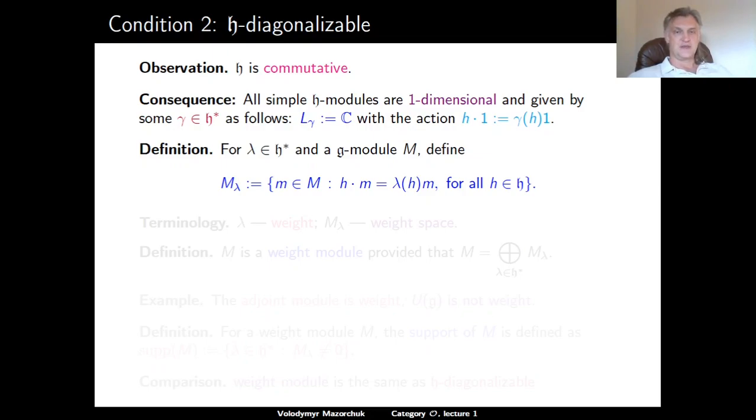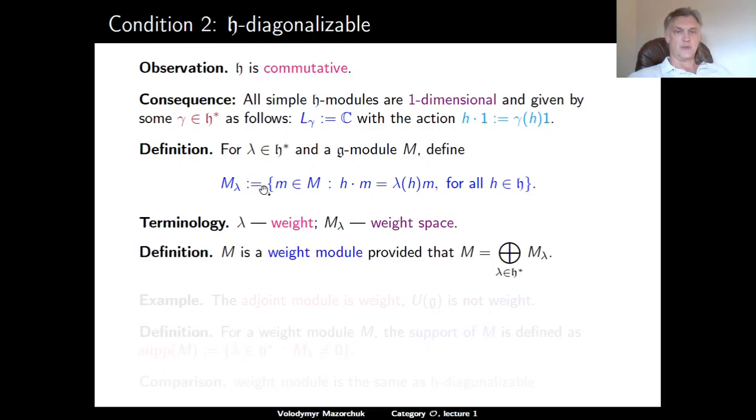In other words, this is the isotypic component of the restriction of M to h which corresponds to the simple module L_lambda. The usual terminology in this setup is that elements lambda in h star are called weights, and this subspace M_lambda is called the weight space corresponding to weight lambda. Elements in M_lambda are called weight elements or weight vectors.